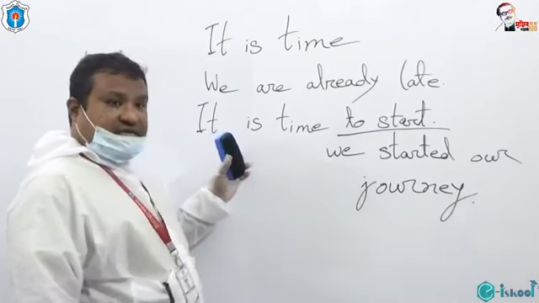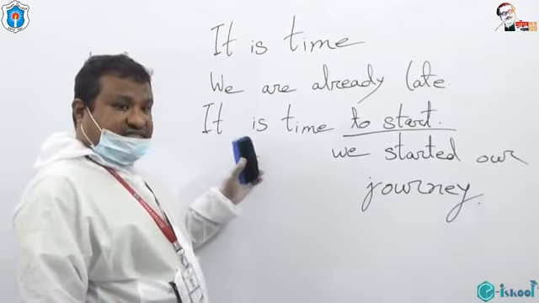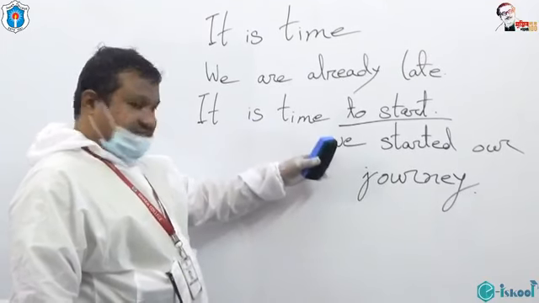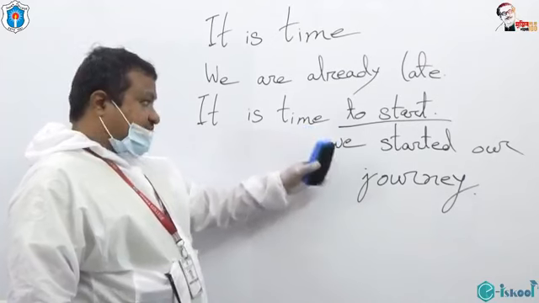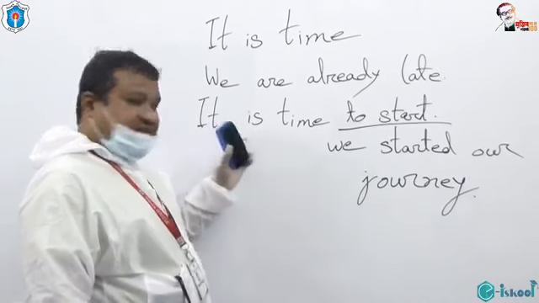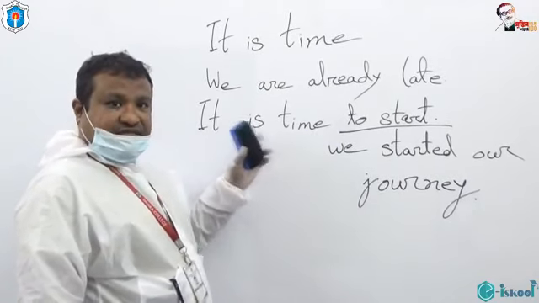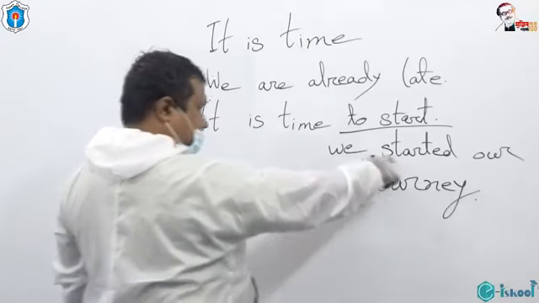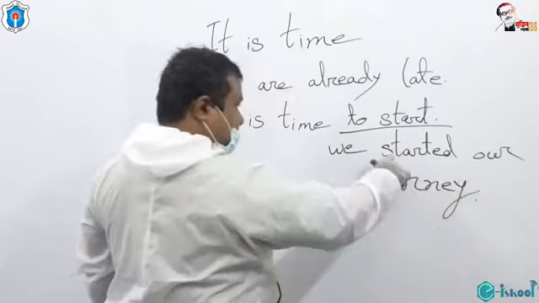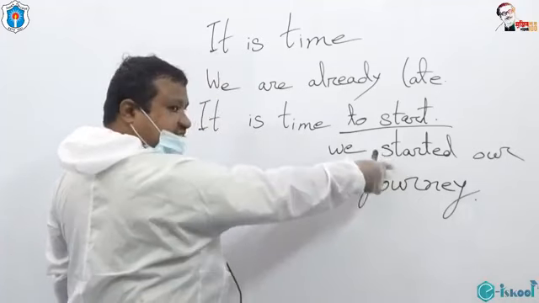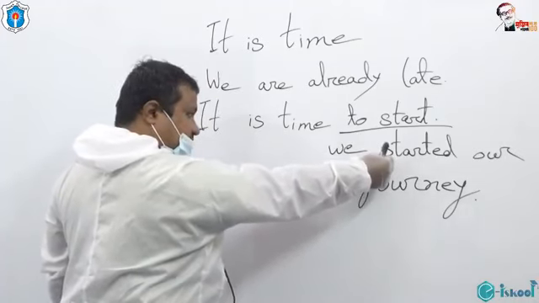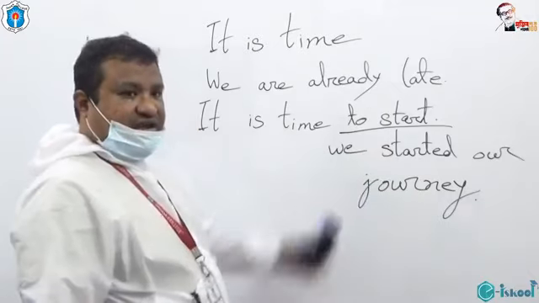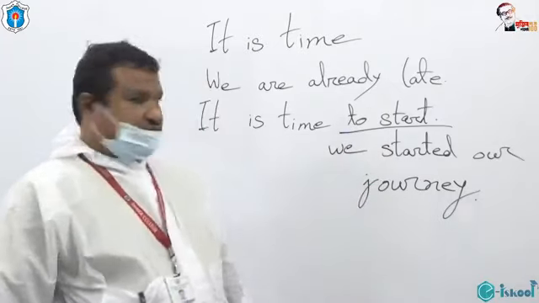Here, when we are saying that it is time, then we are using a subject. If we use a subject after this phrase it is time, then what will we do? We will use this technique, that is the past form of the main verb and then extension.